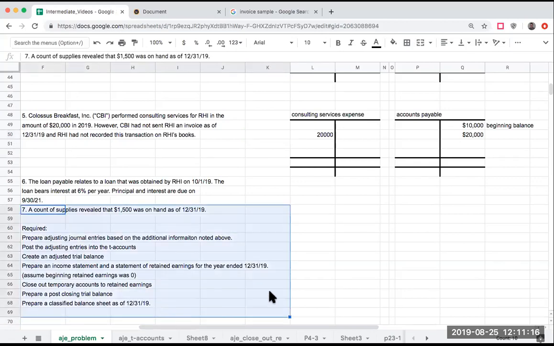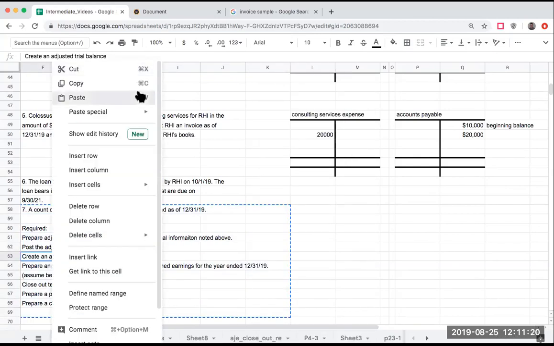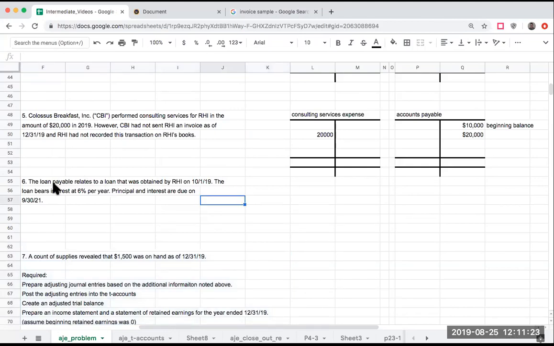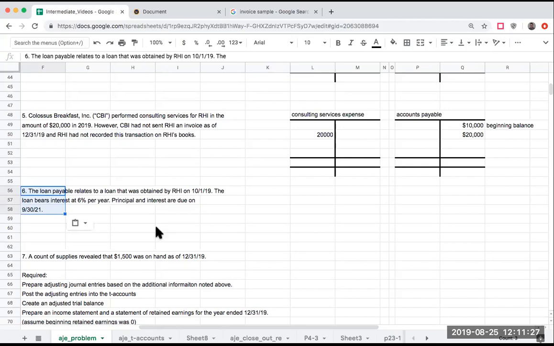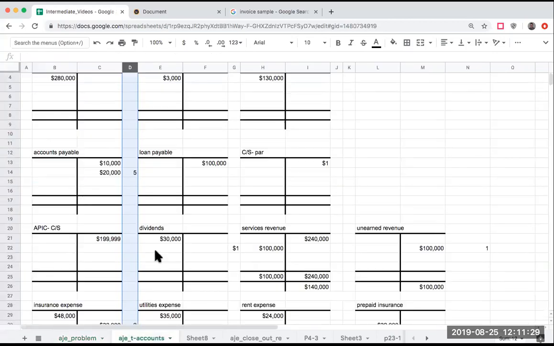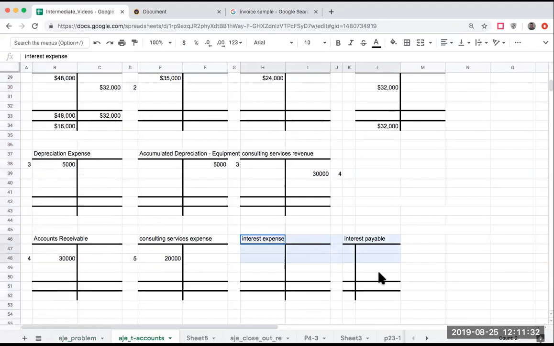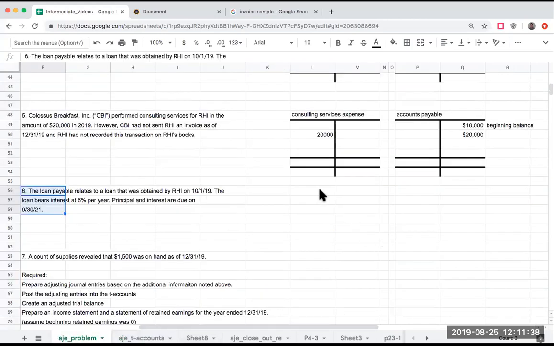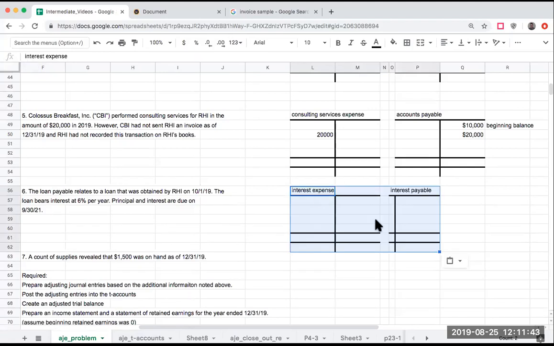For this transaction, and again, I would refer you to my earlier videos that talk about different types of adjusting journal entries, when we've borrowed money, the journal entry to adjust for the interest is always going to be the same. I would be debiting interest expense, and I would be crediting interest payable.